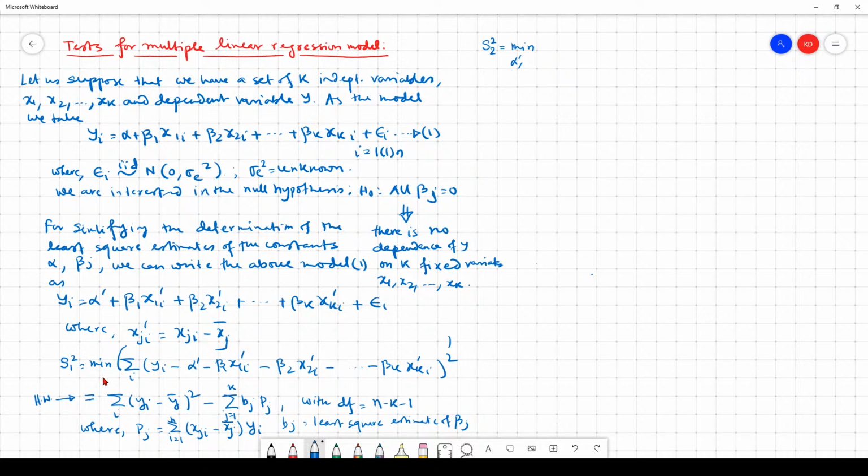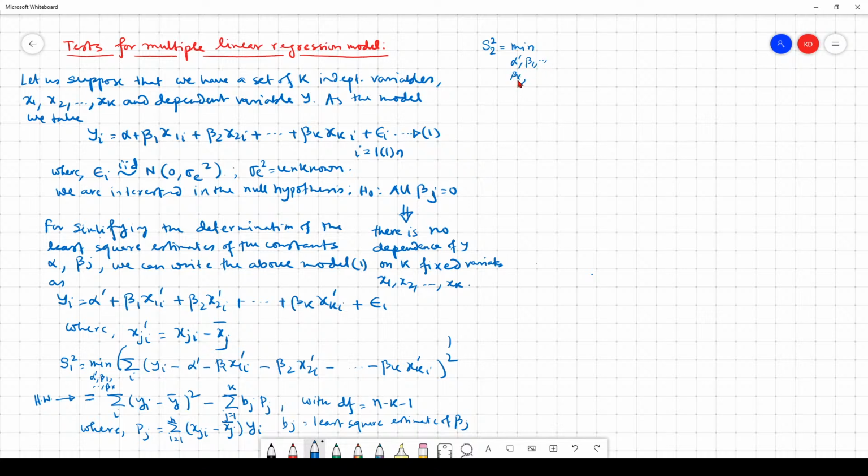So it is minimized with respect to alpha dash, beta 1, beta k. Similarly, here we also minimize with respect to alpha dash, beta 1, beta k.